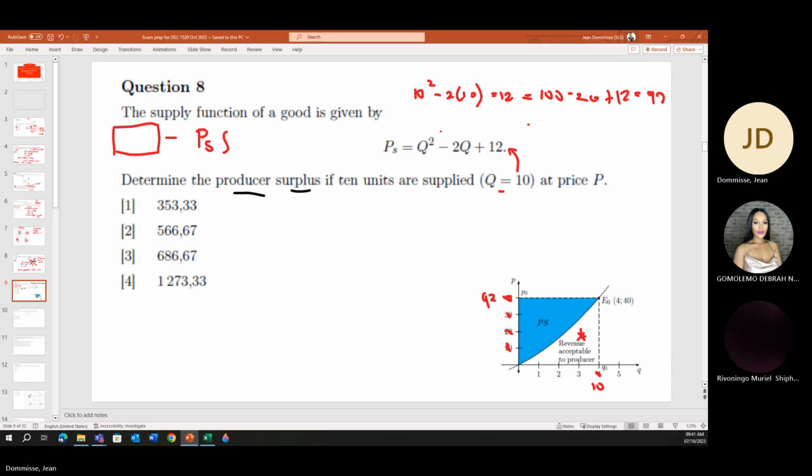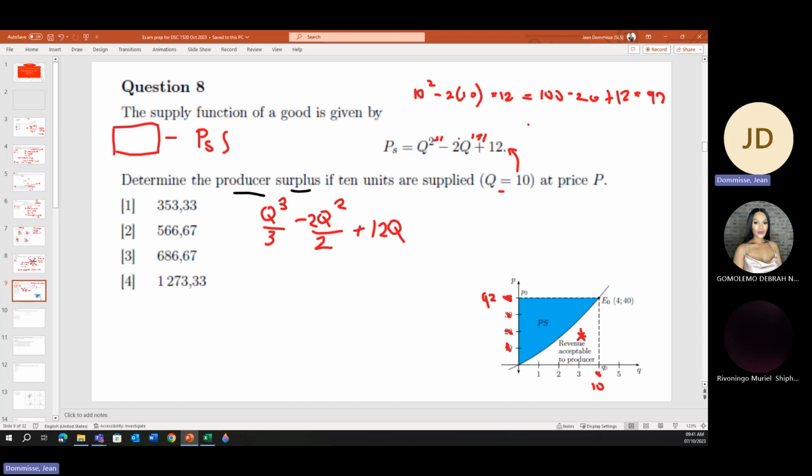Q to the power of 2 will become q to the power of 3. But remember, again, divide by 3, so it's 2 plus 1. Then 1 plus 1, it becomes q to the power of 2 divided by 2, plus 12q.